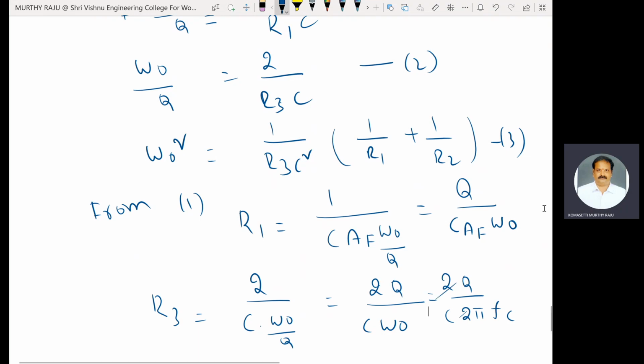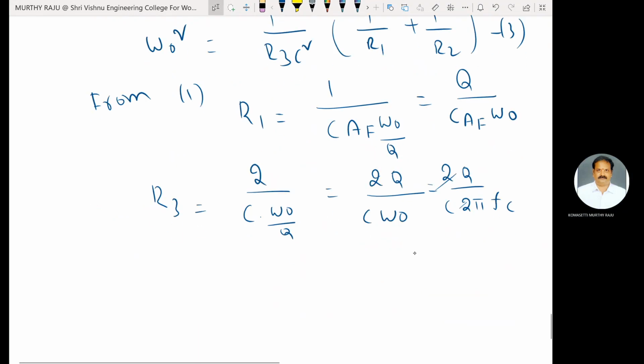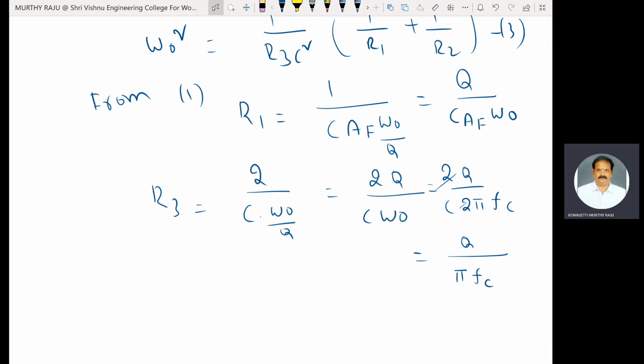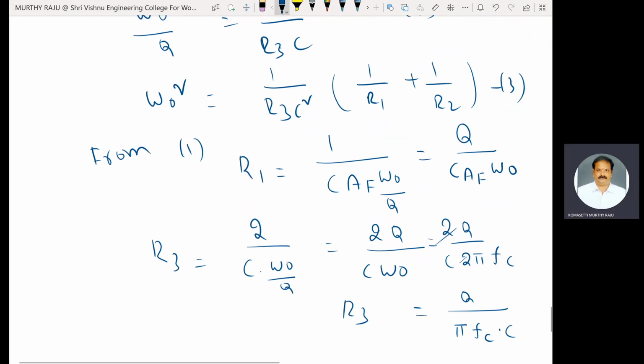The 2 cancels. Therefore, Q by pi FC into C. This one is R3.